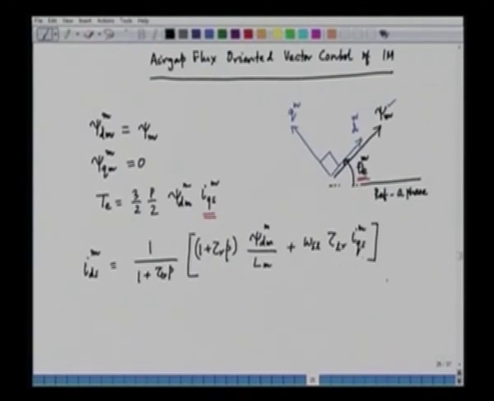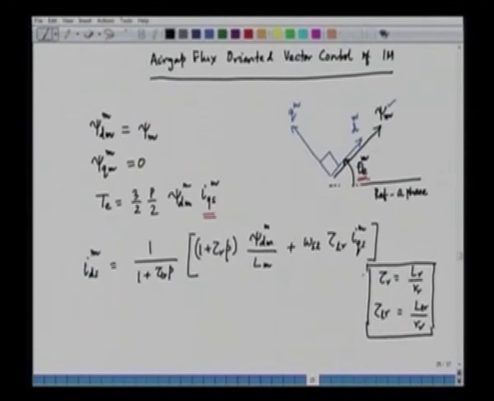And here tau R is the rotor time constant, that is equal to LR by RR, and tau LR is the rotor leakage time constant. So, this we have already seen in the last lecture.